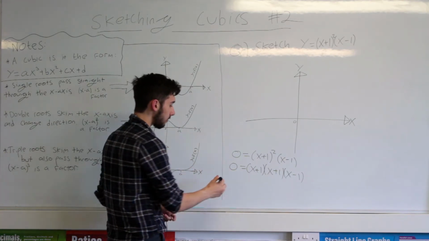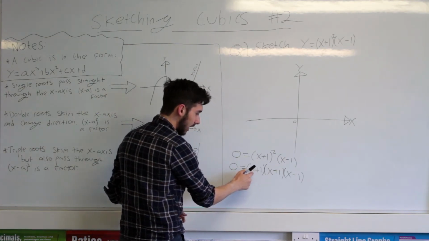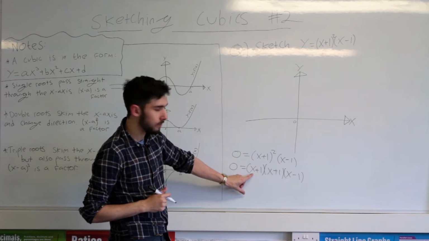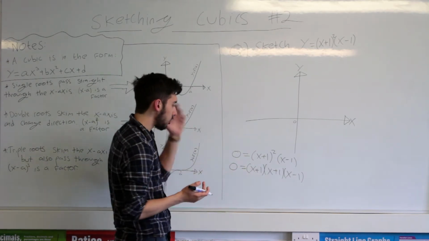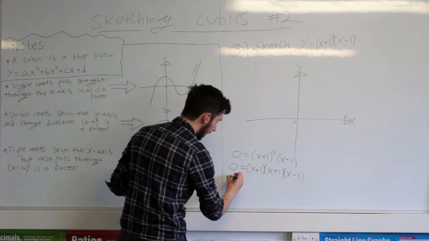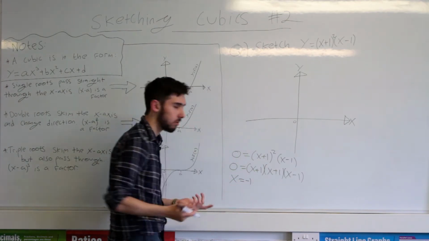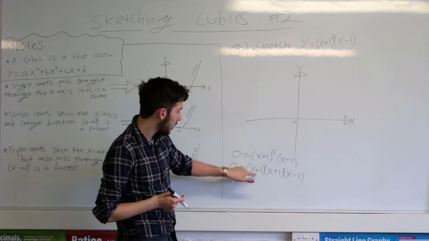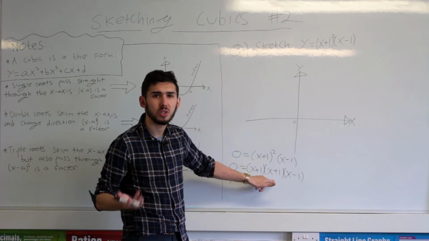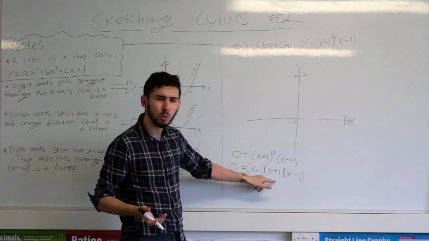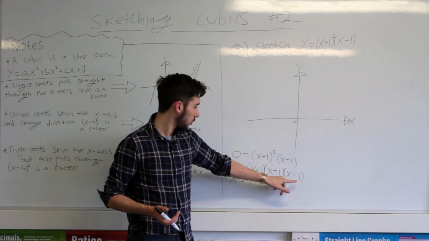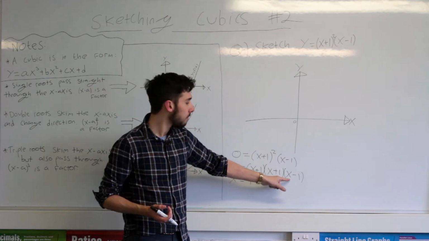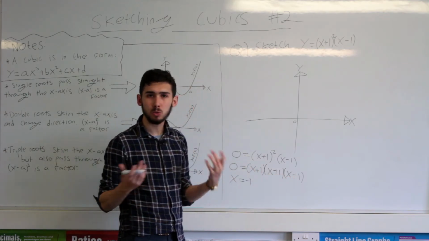Well, hold on. If this x here was a minus 1, this would be minus 1 plus 1, which is 0. Which means just by observation, x must be equal to minus 1. That must be one of our answers. But this bracket and this bracket are the same, which means we're also going to get x equals minus 1 out of this. And finally, for this one, we would need to use a positive 1, because 1 minus 1 is also 0.